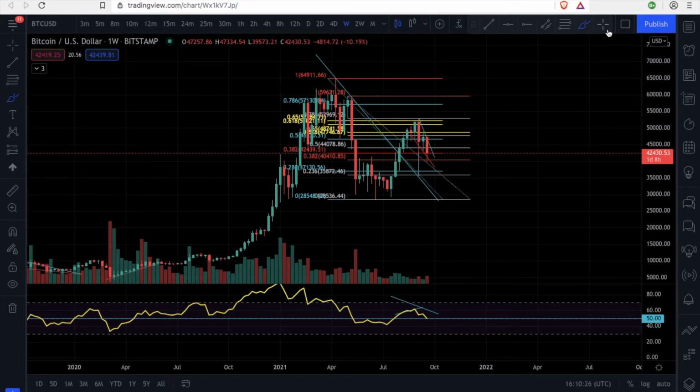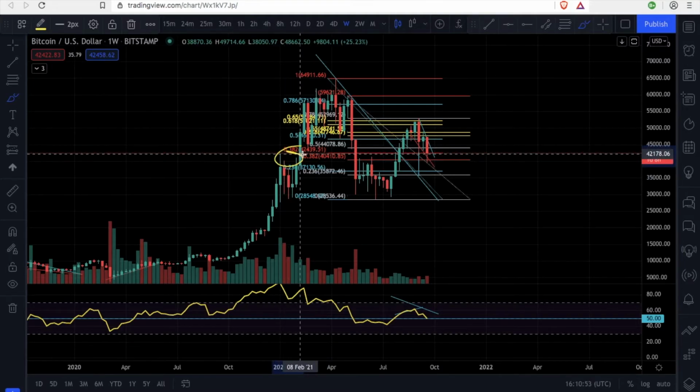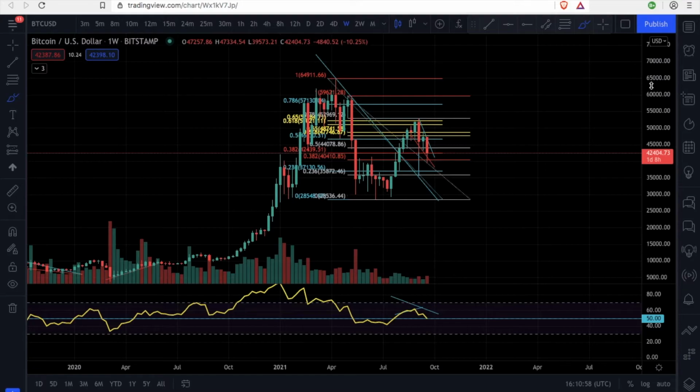Because in past history, I mentioned a couple of videos ago that if the Bitcoin price closes a weekly body candle close below the 0.382 Fibonacci retracement, around the $42,440 level, then the Bitcoin cycle is over, because that's what happened during the end of the cycles in the Bitcoin price during its history.